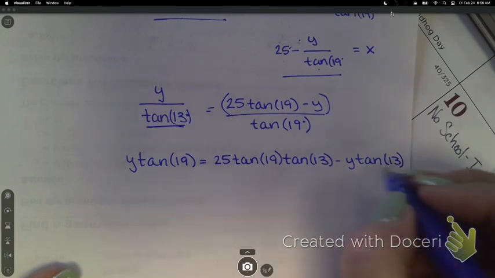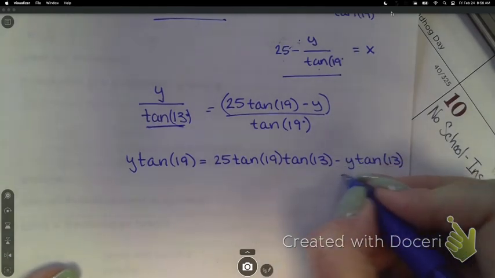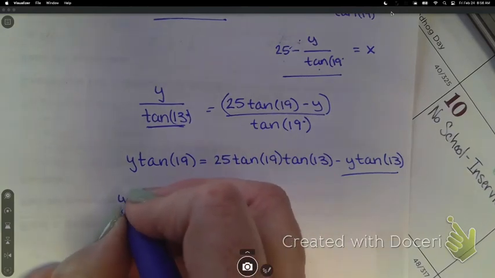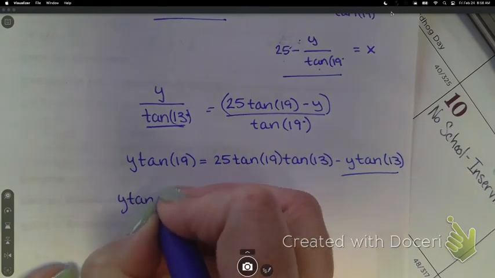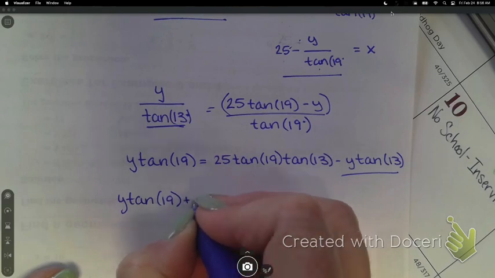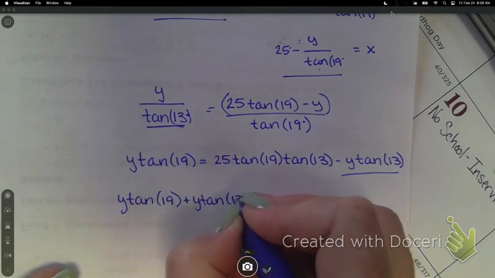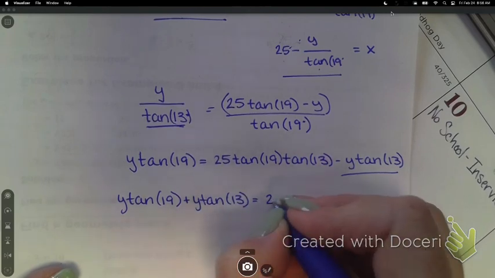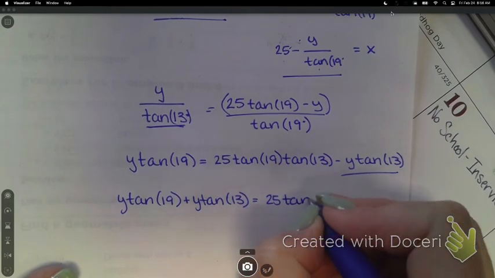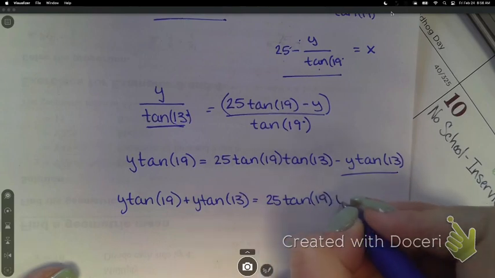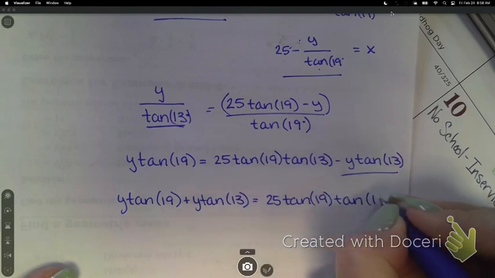So I got to get the y's on the same side, yes? Yeah. So I have to add over this. So I have y tangent of 19 plus y tangent of 13 equals 25 tangent of 19 tangent of 13.